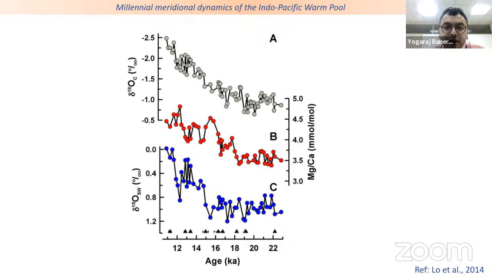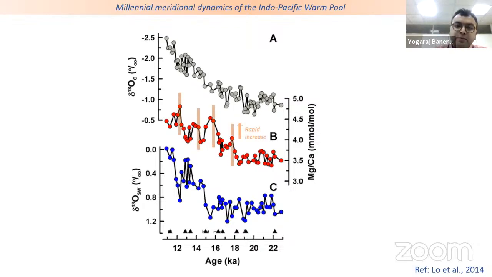Magnesium by calcium ratios vary from 3.5 micromole per mole to around 4.5 micromole per mole. And the δ18O of seawater varies from 0 per mil to 1.2 per mil. The black colored triangles are the data points where the C14 age datings were done.